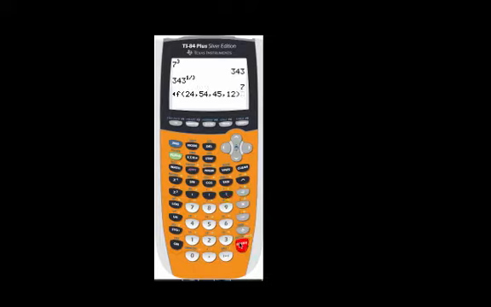Press enter and we get this probability right here, which is 0.733, and we'll do it to 3 significant figures. So the probability that the shopper will be in the store between 24 and 54 minutes is 0.733 or 73.3%.